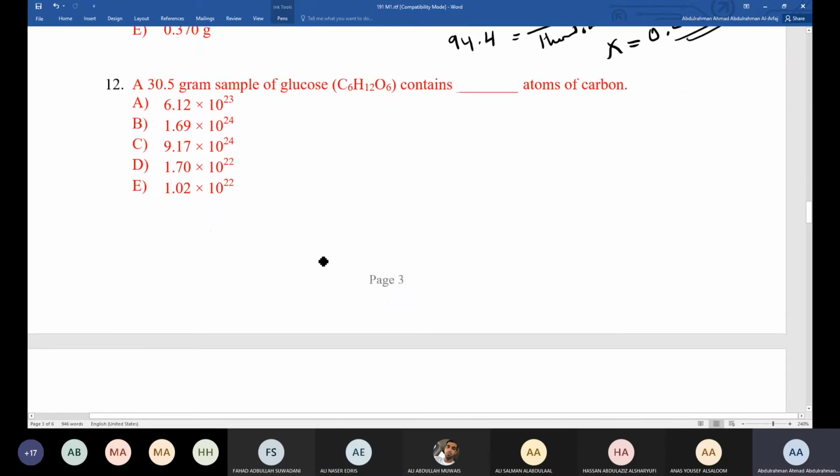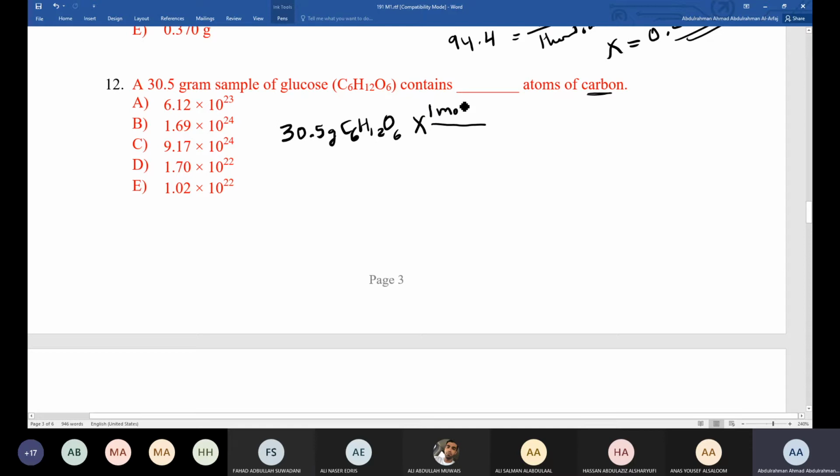Number 12. A 30.5 gram sample of glucose contains how many atoms of carbon only? Not all the atoms, but carbon only. What are you going to do? You have 30.5 gram C6H12O6. What should you do first?